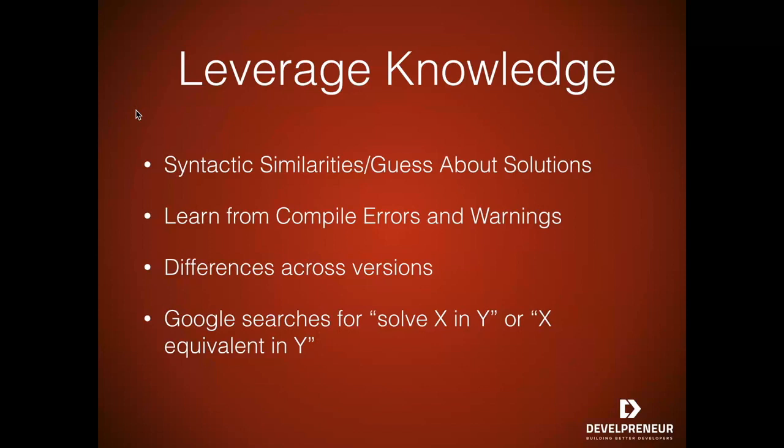Learning from your compile errors and warnings: I don't know how often I've sat there, and I've done this with other people, spending an hour trying to fix some problem and yelling and screaming at the thing. When I finally figure it out and look at the compile error or warning that started the whole thing, it tells me exactly what I needed to do.